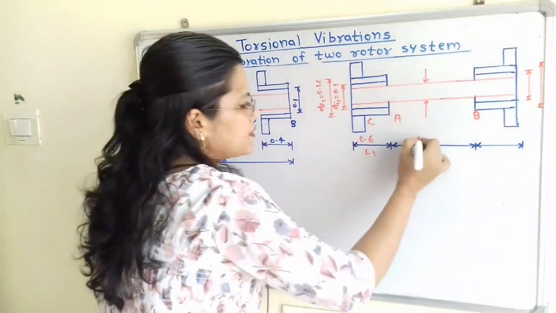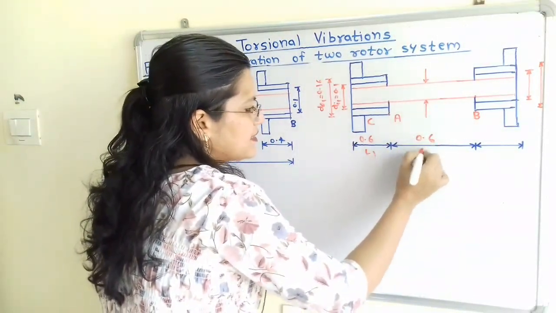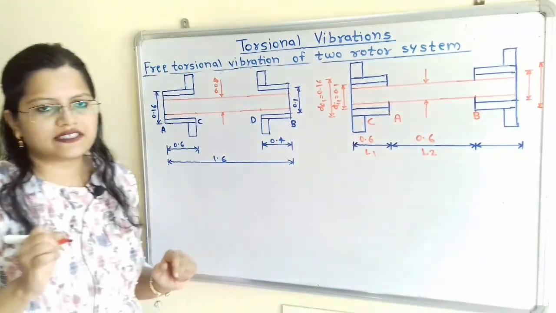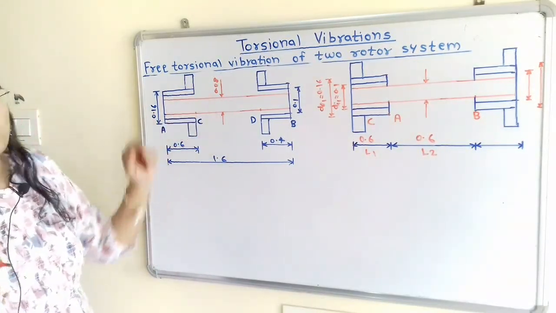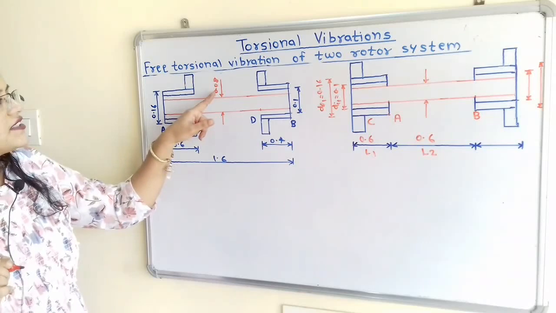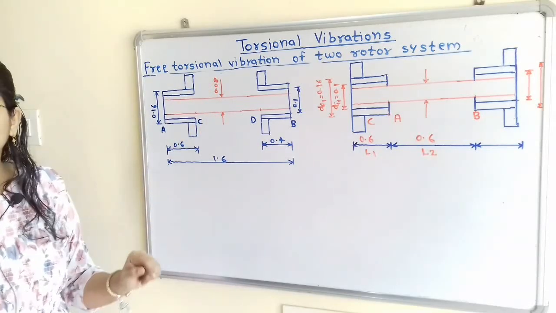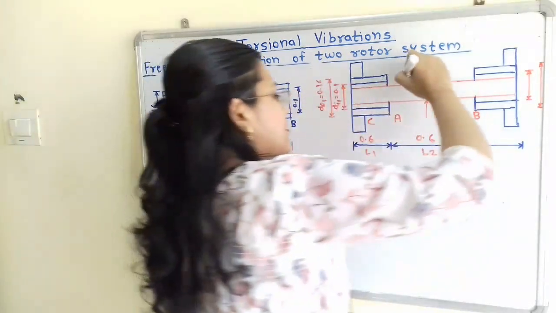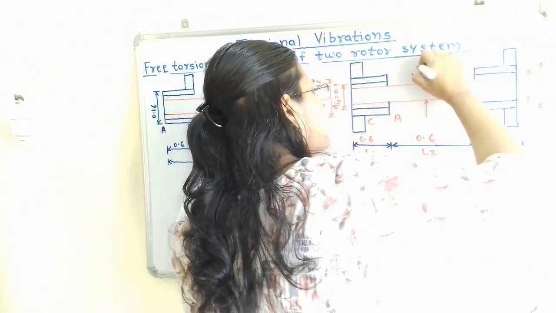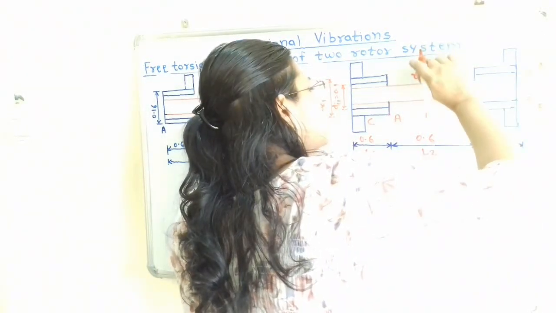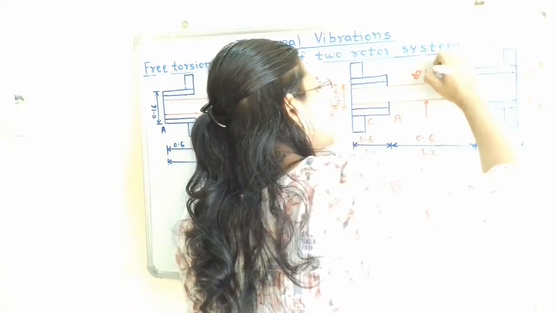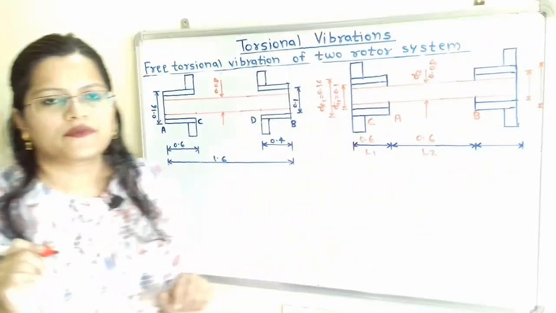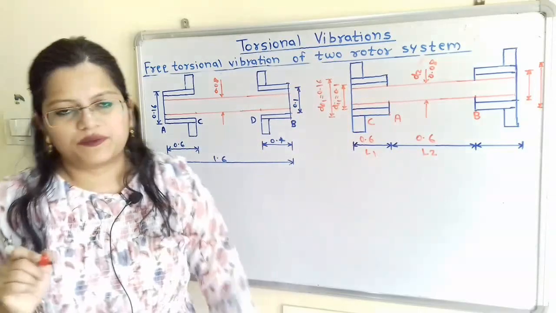This is the second section, length L2. For this length L2, the diameter of the hollow shaft is given, D2 is equal to 0.08. This is the diameter of the hollow shaft.